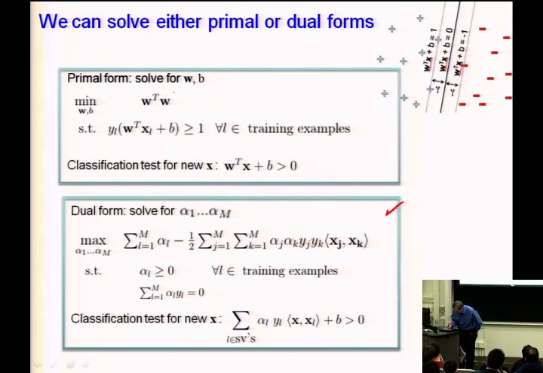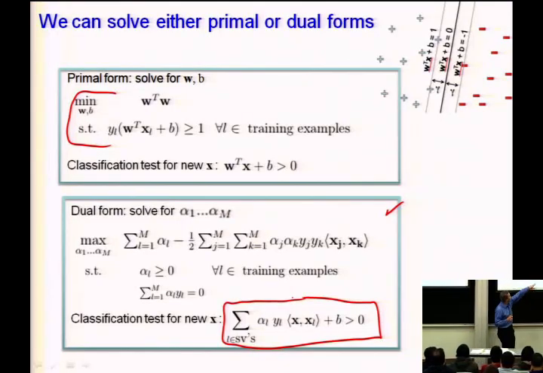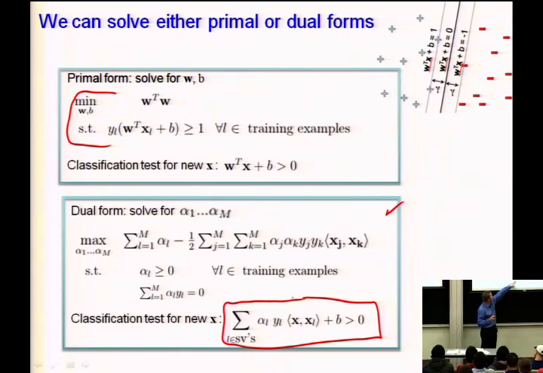And instead of saying we're going to minimize the square of the magnitude of w subject to those labeling constraints, now we say, well, first of all, we're going to classify our examples not with wx plus b, but just as we did in linear regression, we're going to sum over the training examples, the L-th training example. Actually, I call these SVs, for support vectors. We'll come back to that. I could equally well have written this sum over all the training examples, L.